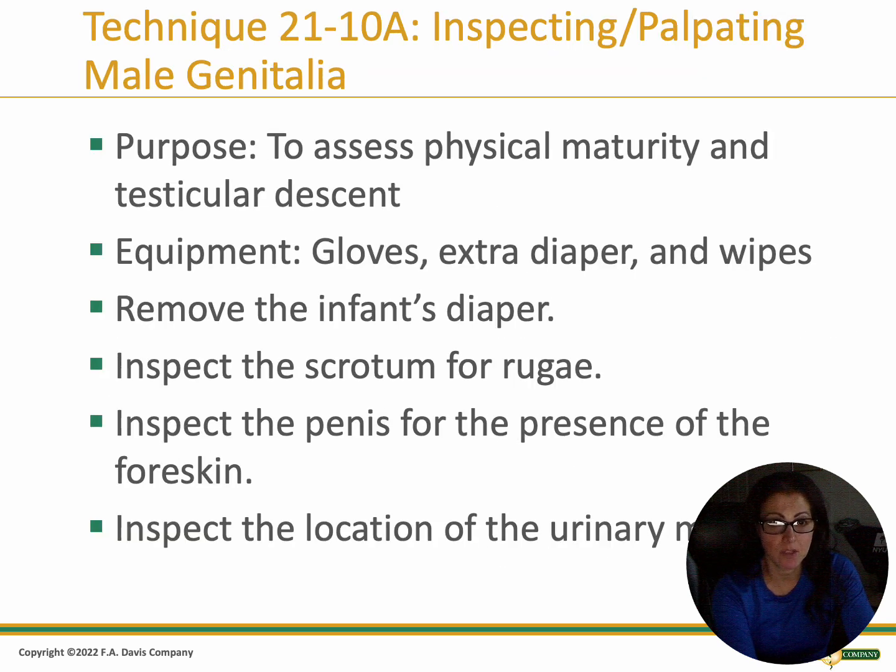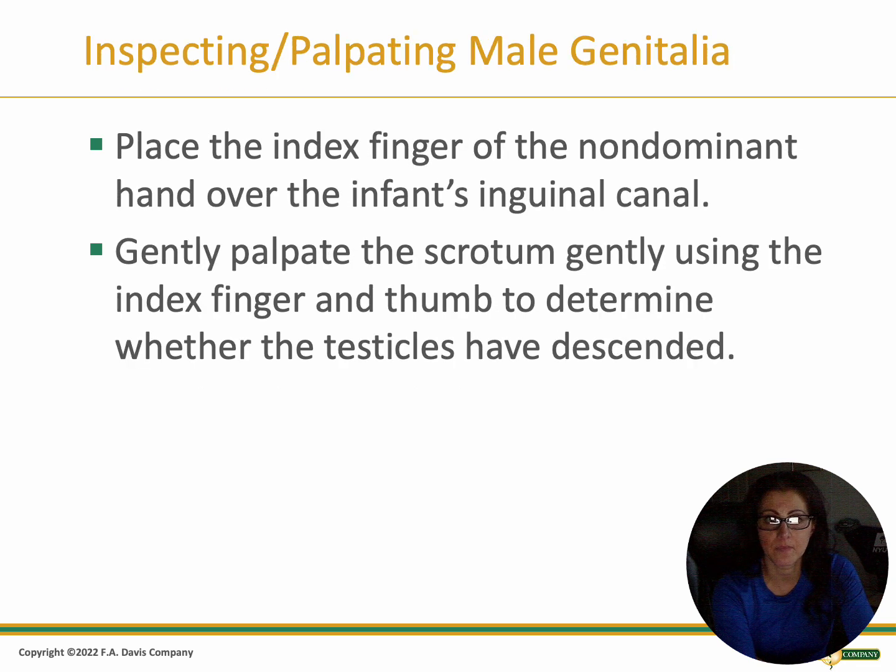When assessing the male genitalia, we're looking at their physical maturity as well as their testicular descent. We're also assessing the scrotum, the penis, as well as the urinary meatus on the penis. And with this, we'll place the index finger of the non-dominant hand over the infant's inguinal canal.